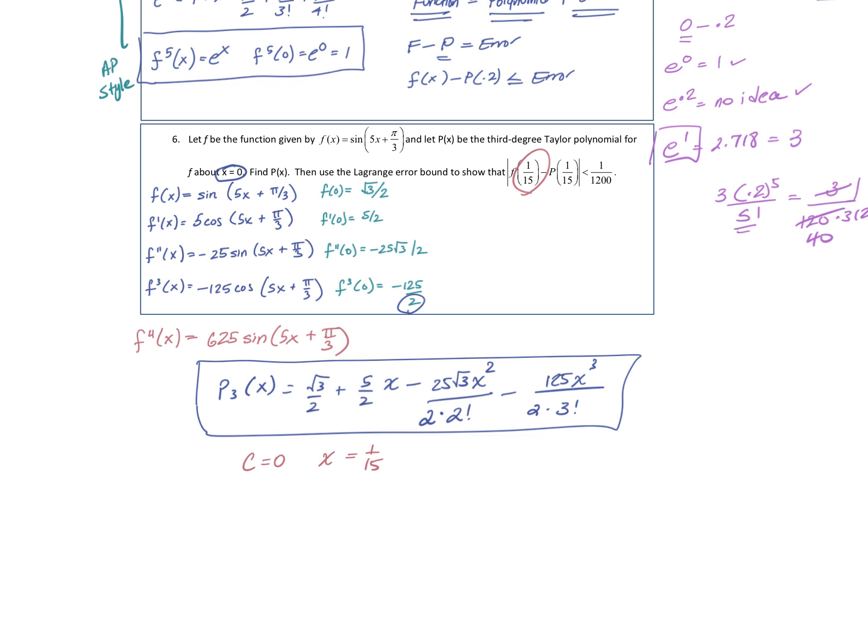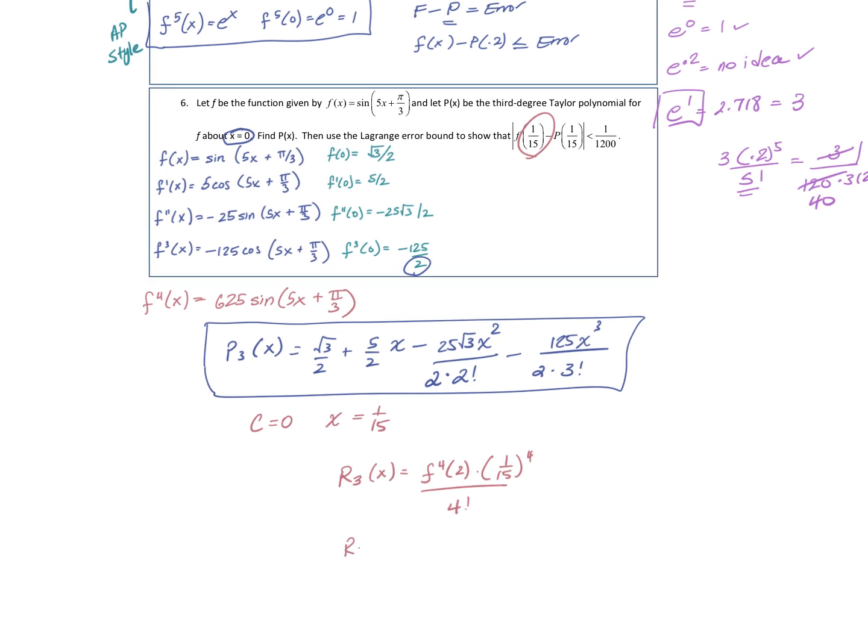So we're going to say R3, because it's the 3rd degree, but we're going to use the 4th derivative because remember the formula is n plus 1. R3 of x is going to be equal to f4 of z times x minus c, so it's 1/15 to the 4th power over 4 factorial.